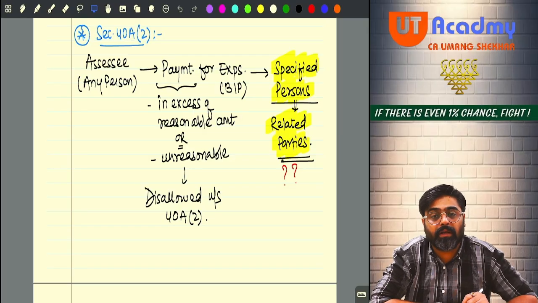So this is a related party payment. Business expense is incurred, but the payment for that expense is made to a related party.